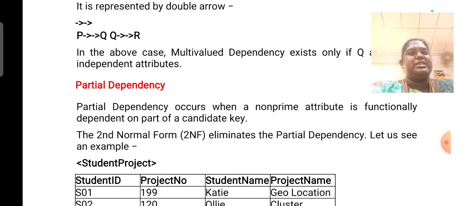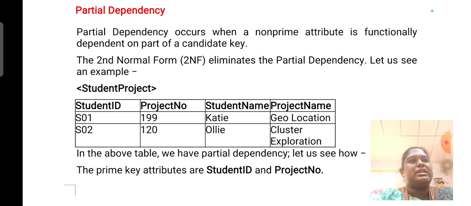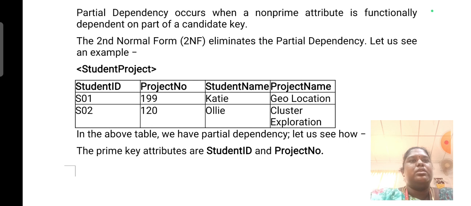And then partial dependency. Partial dependency occurs when a non-prime attribute is fully functionally dependent on a part of a candidate key. The second normal form eliminates the partial dependency. Let's see an example, student project: student ID, project number, student name, project name. In the above table, we have a partial dependency.